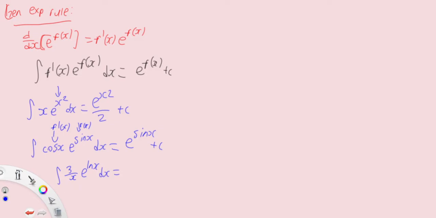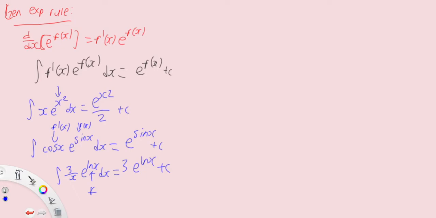Again, I focus on the power on the exponential, so I label this f(x). The derivative of ln x is simply 1 over x. Therefore, my integral is simply 3 e to the ln x plus c, because 3 is a constant. As you can tell, it's rather simple for the general exponential rule.